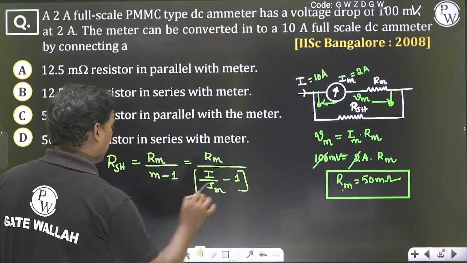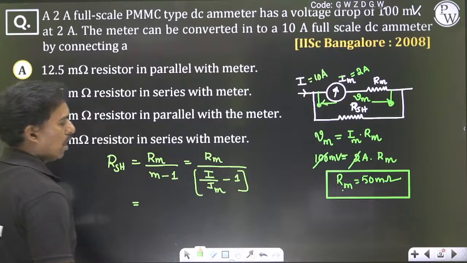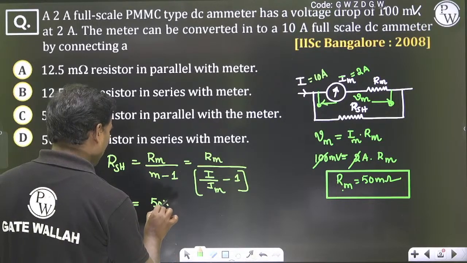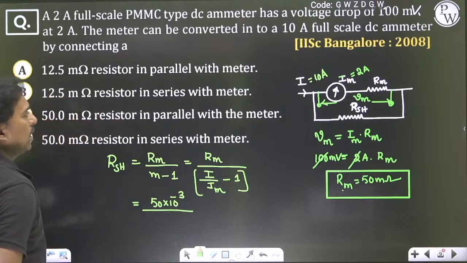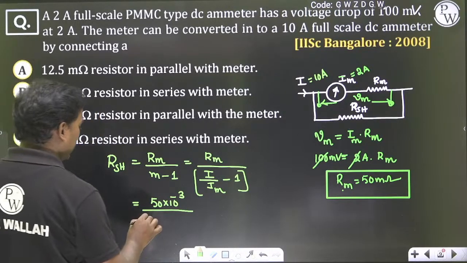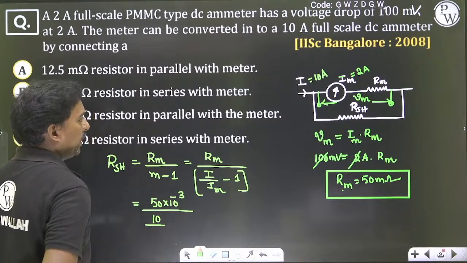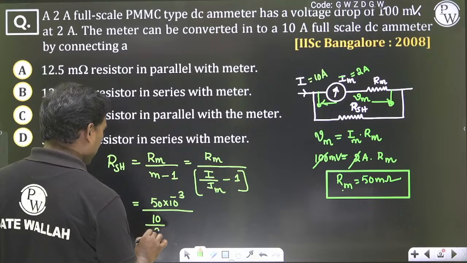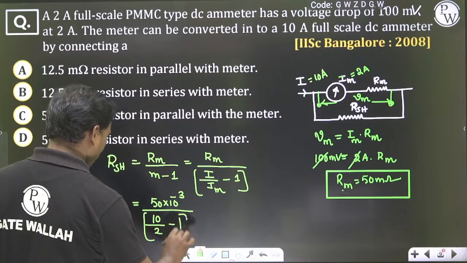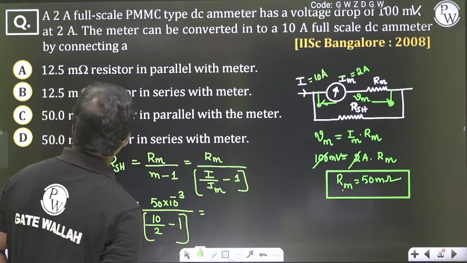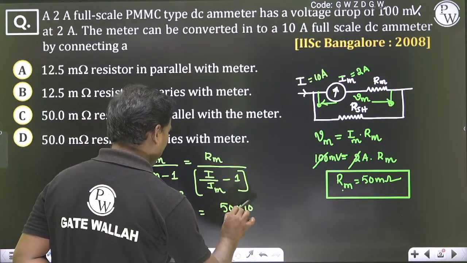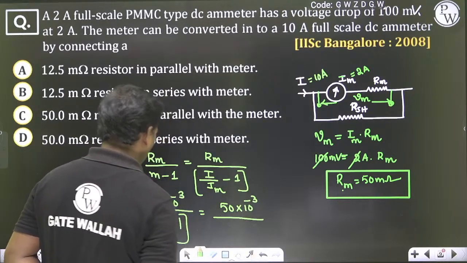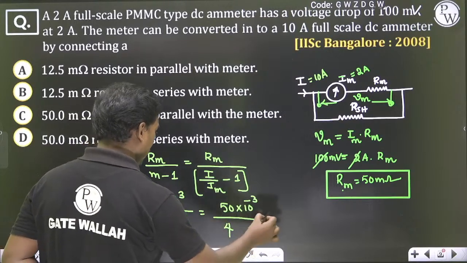Rm is 50 milliohms, 50 into 10 power minus 3, the whole divided by I equal to 10 amperes and Im equal to 2 amperes, minus 1. So you are going to get 50 into 10 power minus 3 divided by 5 minus 1, that is 4.